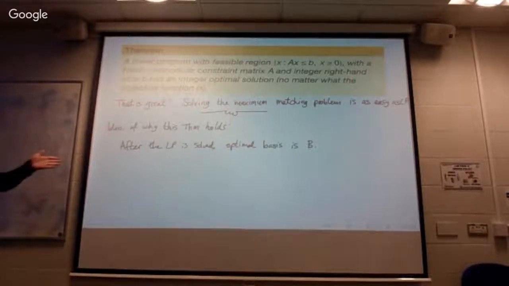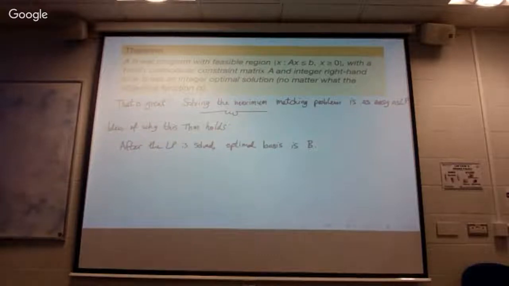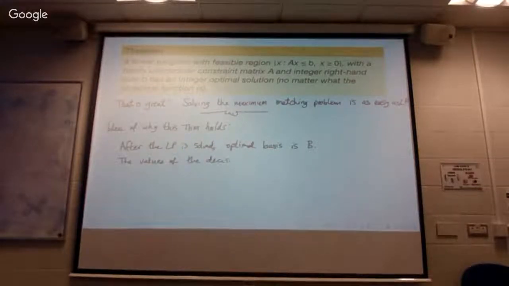Well, that's key to know because they're exactly the values of the variables in the optimal solution. Right? So the values of the decision variables in the optimal solution.